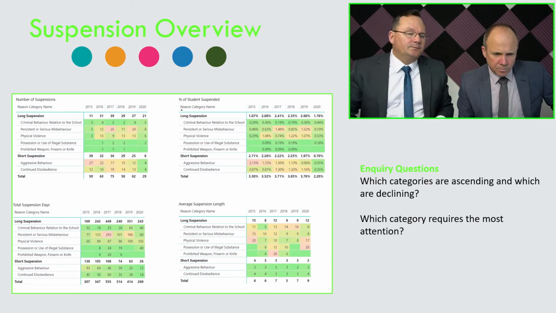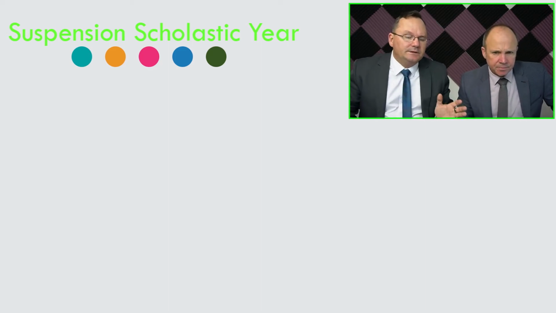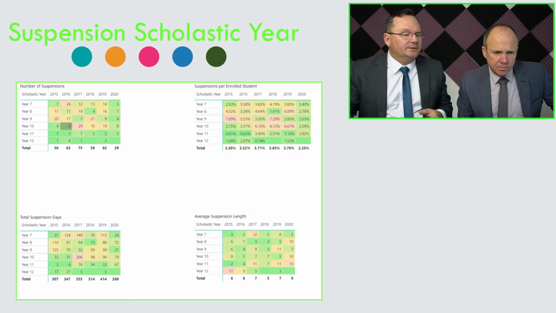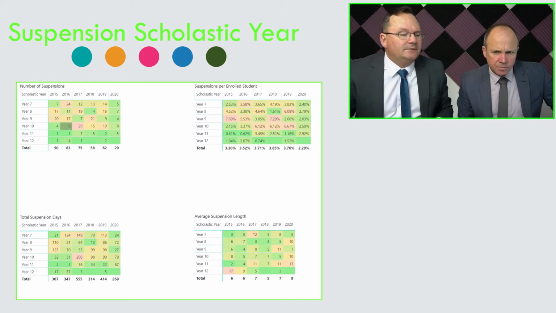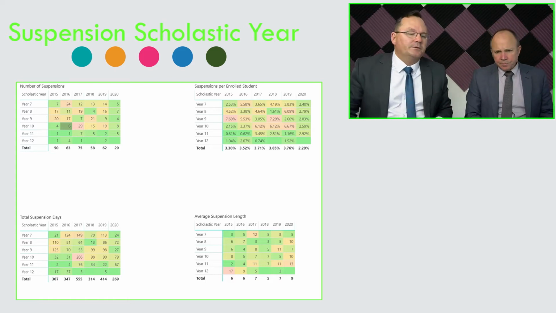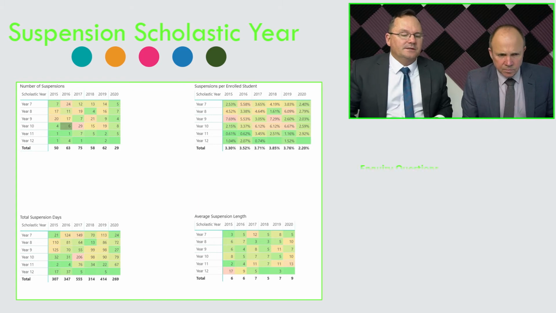So moving on from the suspension overview, we really like the suspension scholastic year report because it can tell very different stories depending on the school, and this is just a sample school that we've stolen the data for. Again, number of suspensions up on the left hand side, total suspension days underneath. Suspensions per enrolled student's a really interesting figure, as is that average length of suspension.